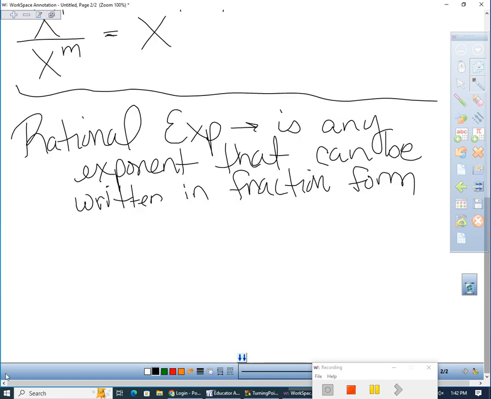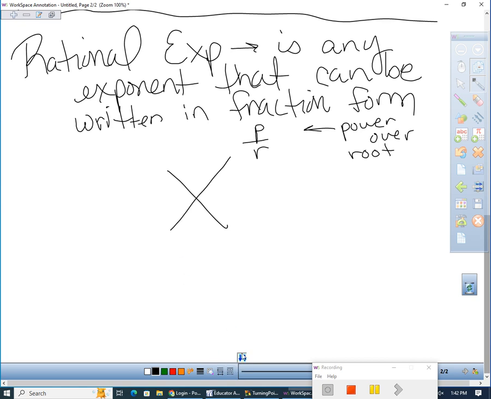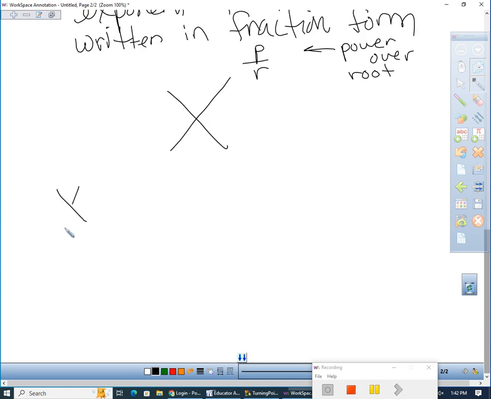All right. So the easiest way is if I have x, which is my base, my fractional exponent, I'm going to write as p over r. The fractional exponent means power over root. Power over root. So for example, say I have x to the third inside a fifth root.